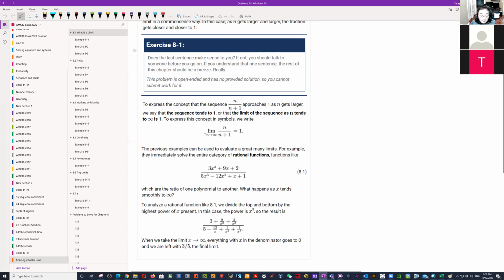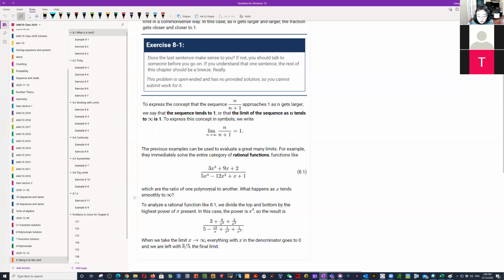This is the sign for the limit, and this is the trend of where n will go. It will go to positive infinity, and the limit is going to be 1.